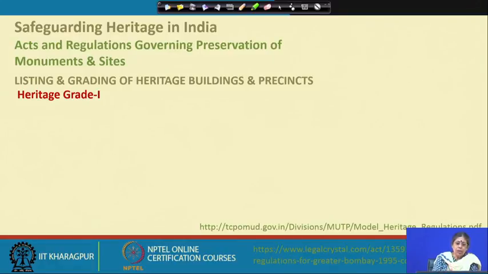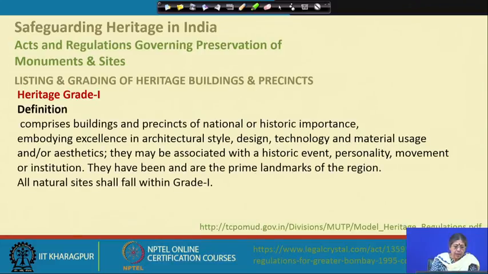In the case of Mumbai, which has been adopted later on with the model heritage regulation, there are actually 3 grades and there is a subdivision of grade 1. So, let us see heritage grade 1. What is the definition?